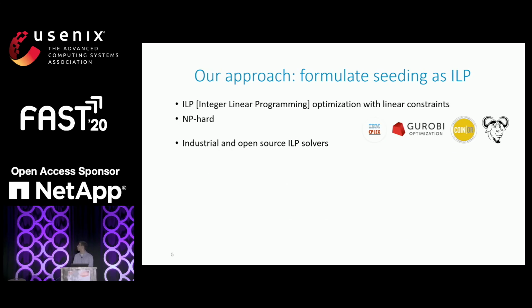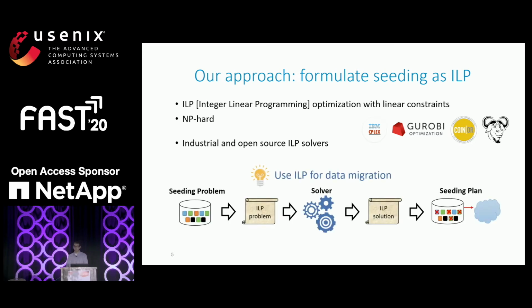In our approach, we take this very interesting problem and transform it into another classic computer science problem, the integer linear programming problem. We take advantage of its popularity, which led to the development of industrial and open source solvers for the problem, in order to give a very good, fine solution.